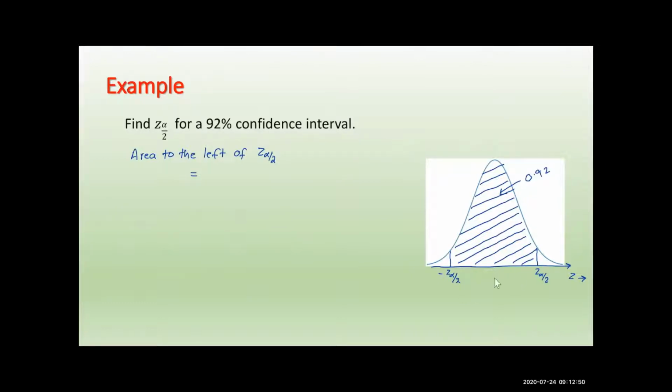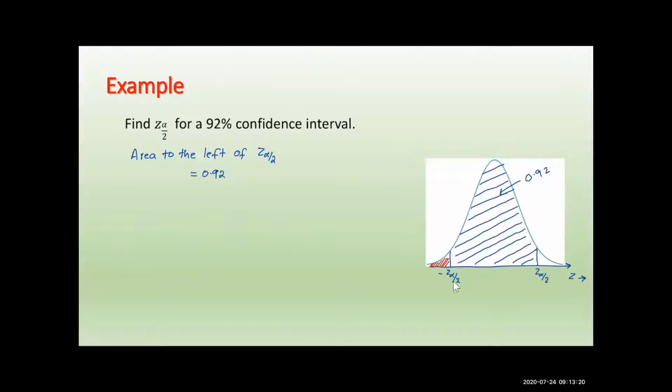Please look at this figure carefully. From here up to Z alpha over 2, the area is 0.92. We know that. But we also have this area on the tail, from here all the way to the end. So this area is missing, and we need to know what that area is.